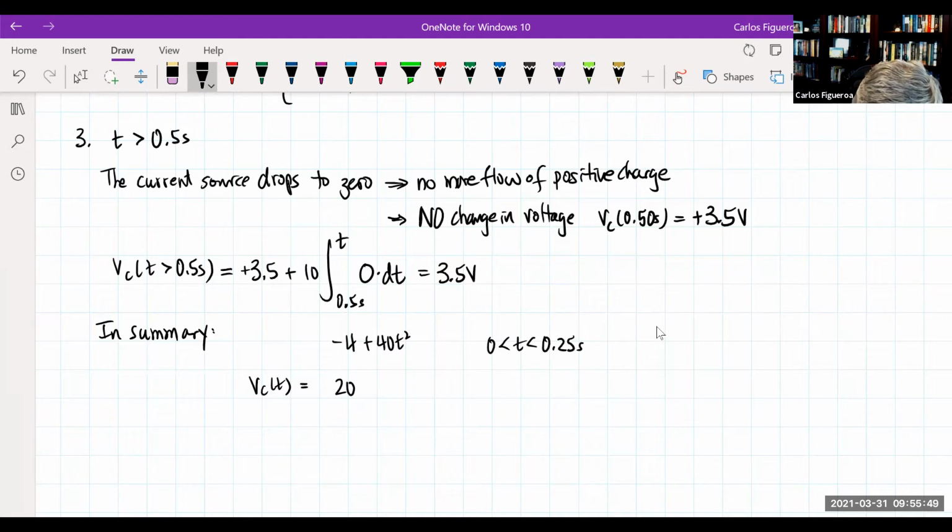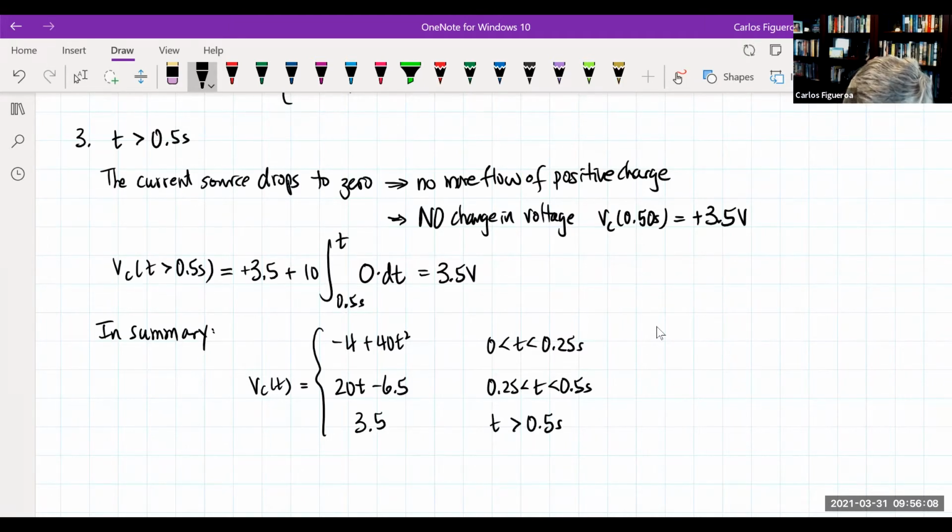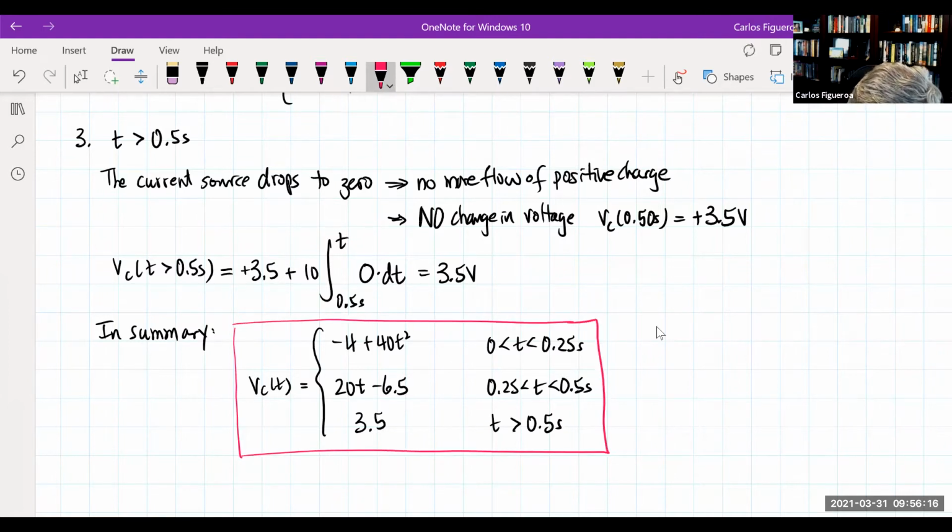And then I have 20t minus 6.5, and that's got to be between a quarter and a half a second. And then finally, this guy remains at 3.5 forever after that. So here we go, right here. So that's what that is here.